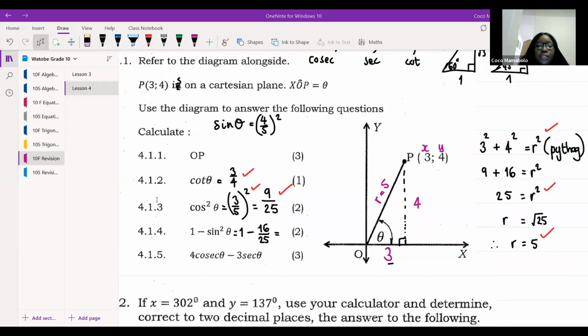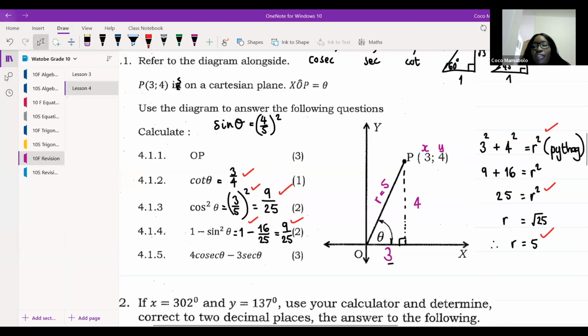I agree with everybody who's saying 9/25. Good. So that's again 2 marks: 1 for figuring out what sine squared theta was, and 1 for the final answer, 9/25. Accuracy and a continuous accuracy mark.